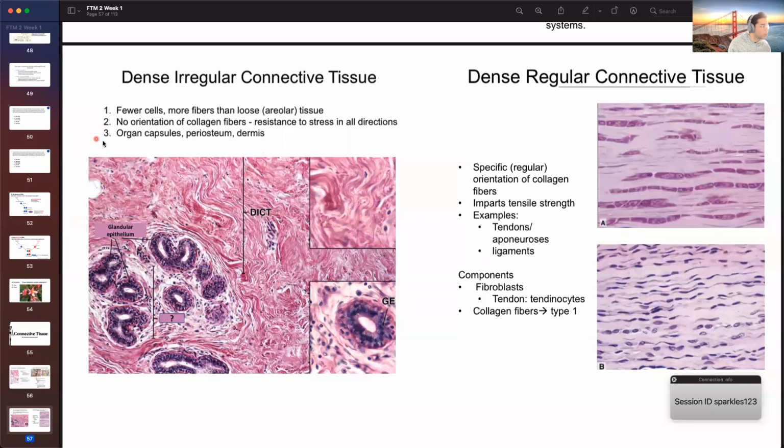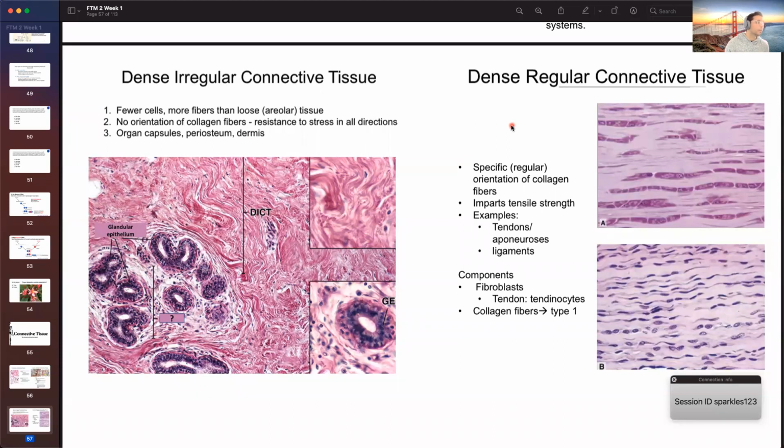Make sure you know the specific locations of these because they are going to help you differentiate what type of connective tissue you're going to see on a histological slide during the exam, or just make the general assumption of, okay, they're talking about the dermis, it's dense irregular, not as much blood supply here, but it has a lot more fiber, AKA your skin is more malleable, right? Like you can press on it and it doesn't just slough off and fall apart, okay?